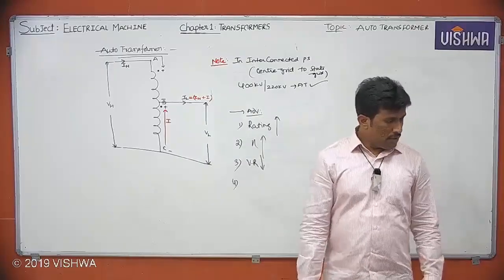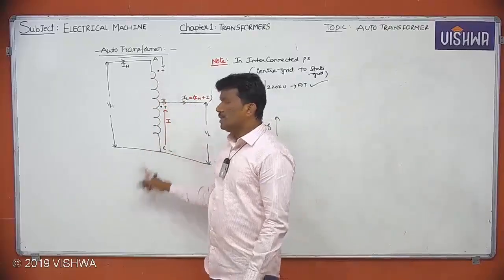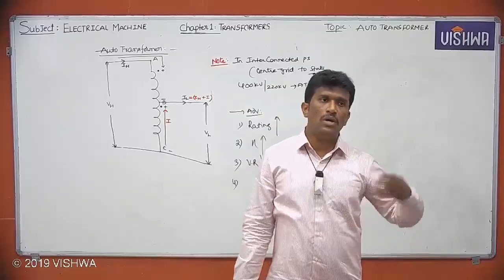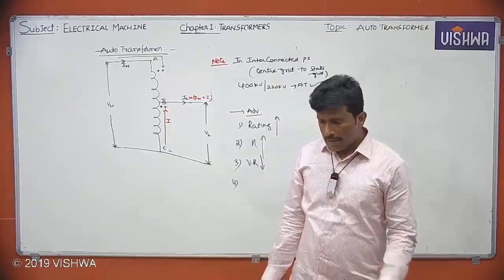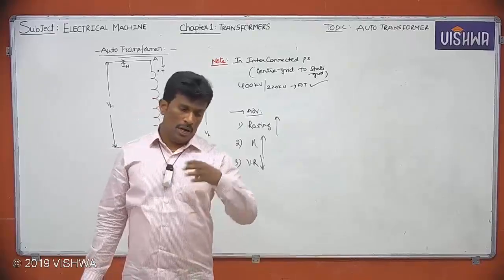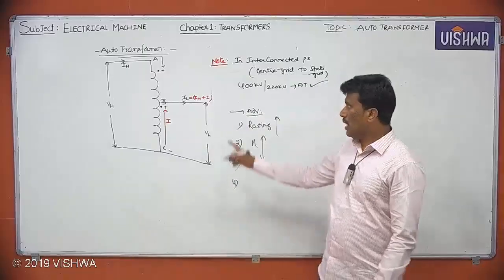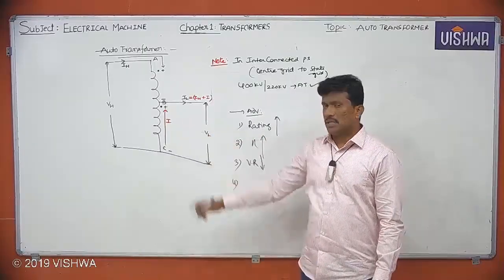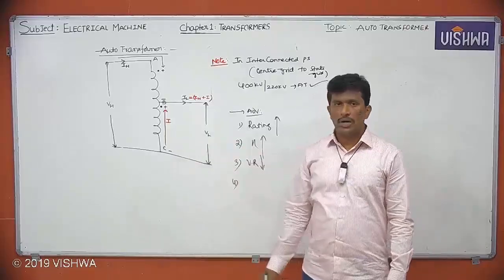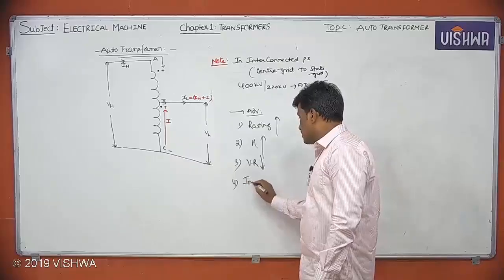Next, what is one more thing? I'm using only one winding, that is the high voltage winding. In a two-winding transformer we use a high voltage winding and a low voltage winding. There I need insulation between the core and the low voltage winding, and also between low voltage and high voltage. But here I have only one high voltage winding, so I require insulation only between the core and the high voltage winding. So the insulation requirement is less.